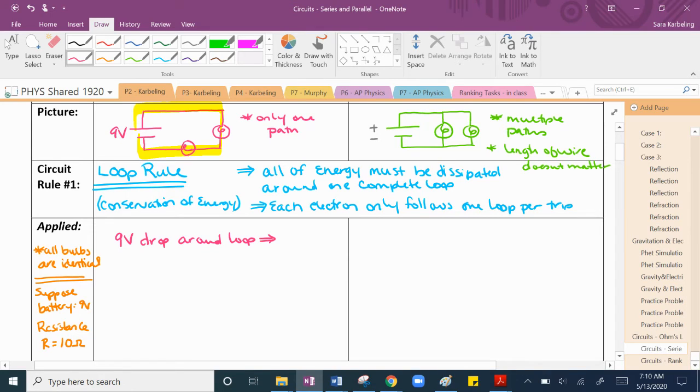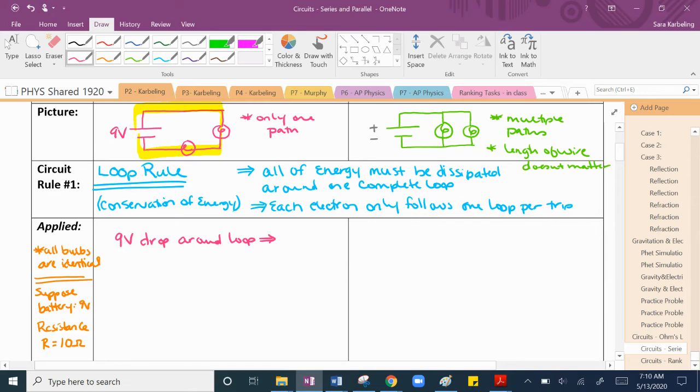Where's it going to do that? Well, in general, the wires are not going to dissipate any energy, right? We said that the length of the wire doesn't matter. The resistance of copper wire is very, very, very low compared to anything else on the load. So, unless we don't have any resistors or bulbs, the wire is negligible. So that means that 9-volt drop has to happen only at the light bulbs.